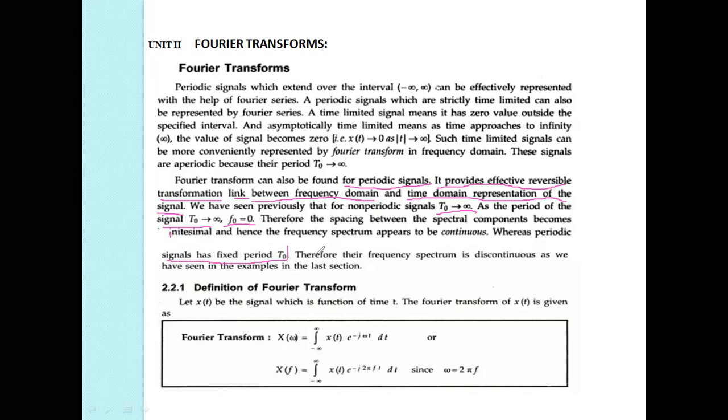Therefore, their frequency spectrum is discontinuous, as we have seen in the examples of the last section.